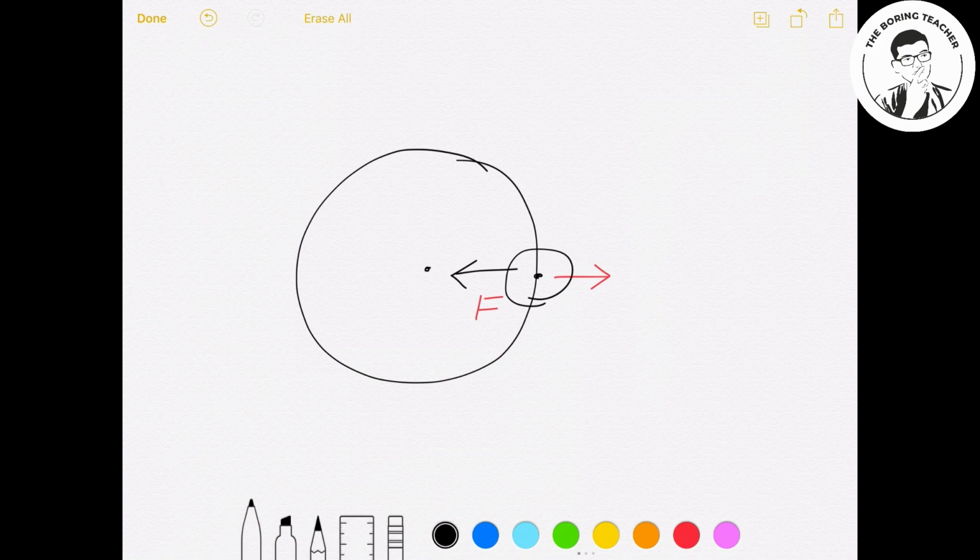So if the force acting towards the center is centripetal force, then the force acting away from the center is known as the centrifugal force. Now it is considered that centrifugal force is not a real force, that means it is a fictitious force. Why? Because it is assumed by an observer that is moving in a circular path along with the body.